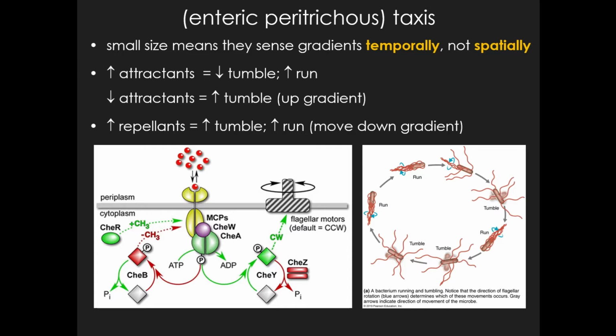So it will bind to a receptor on the surface of the cell, and that will cause what some of you may remember as a signal transduction pathway that will ultimately flip the switch on the flagellum and change its direction and cause that tumble. So you can imagine every time a molecule hits that, that starts that chain reaction and changes the level of tumbling and running. So we don't need to get wrapped up in all of these details.